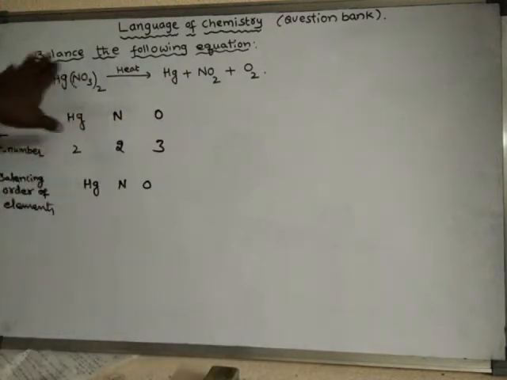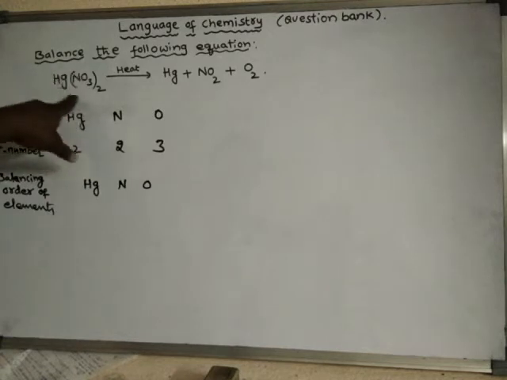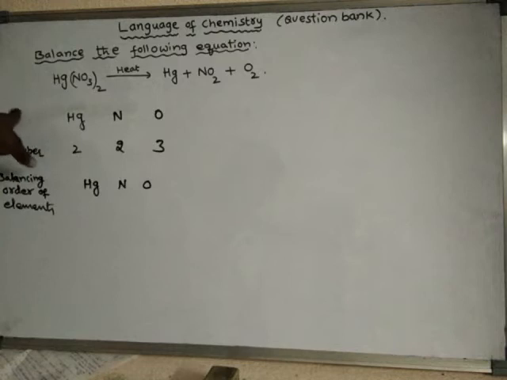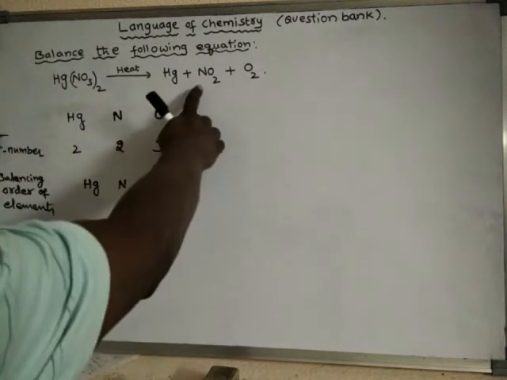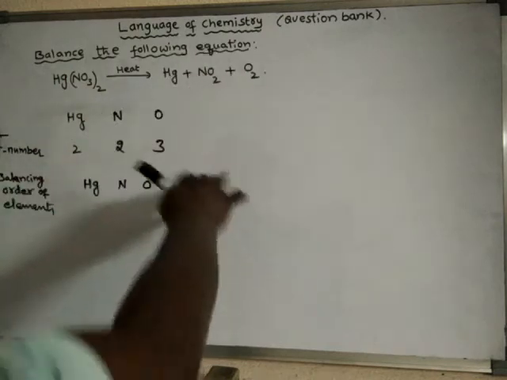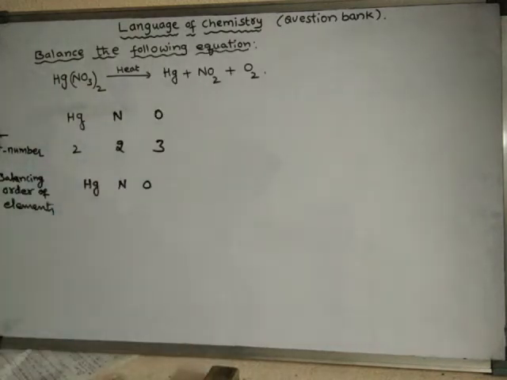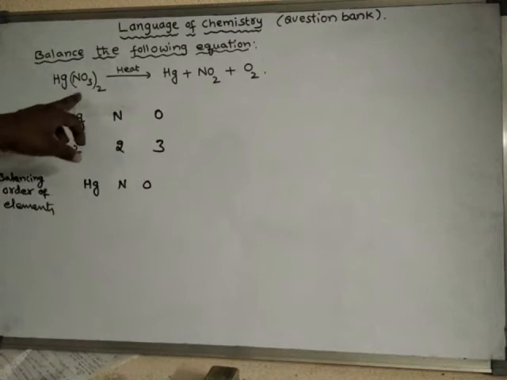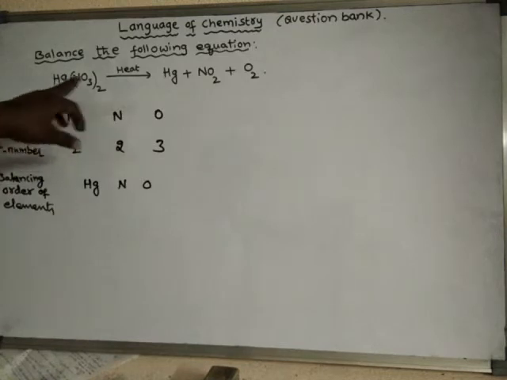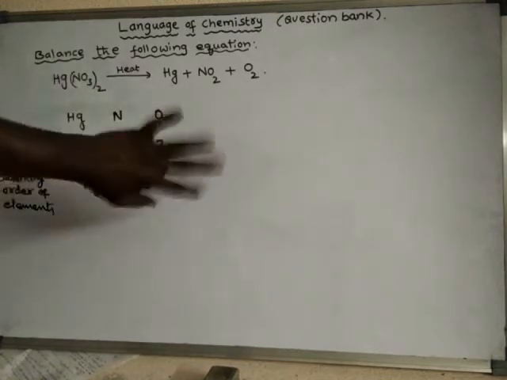The number of nitrogen atoms on the reactant side should be equal to the number of nitrogen atoms on the product side. In the same way, the number of atoms of mercury and oxygen should be the same on both sides.